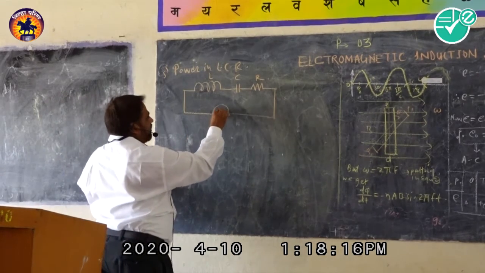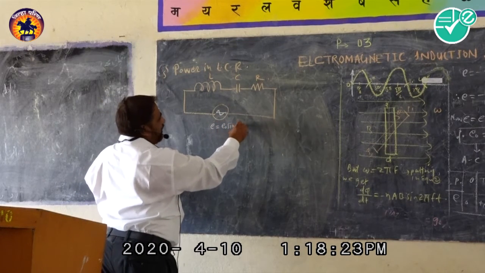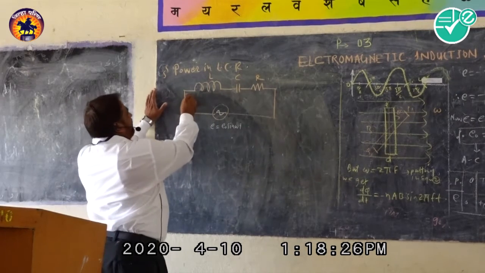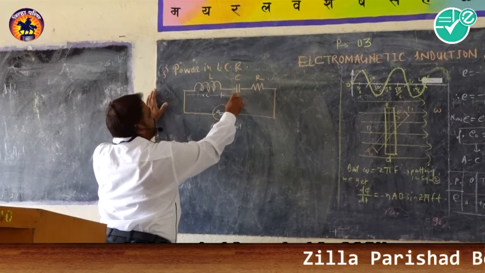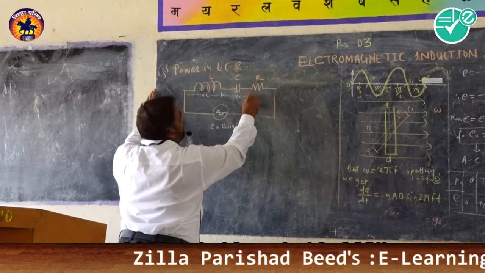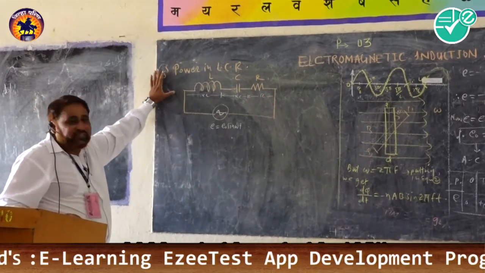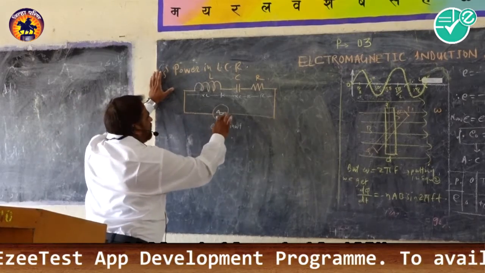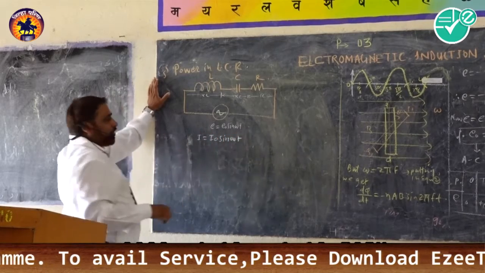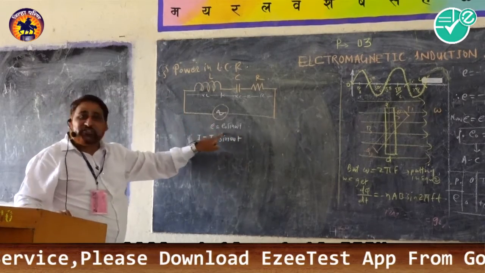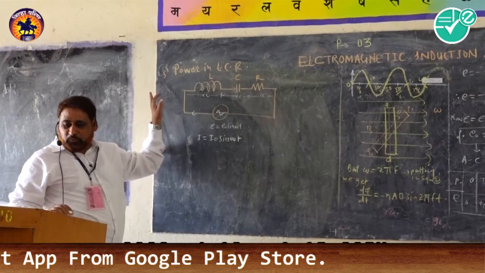If this AC source has the EMF E is equal to E0 sine omega t, the reactance across the inductor is called XL, the reactance across the capacitor is XC, and the resistance is called R. If current flows through this circuit, the value of current is I is equal to I0 sine omega t.